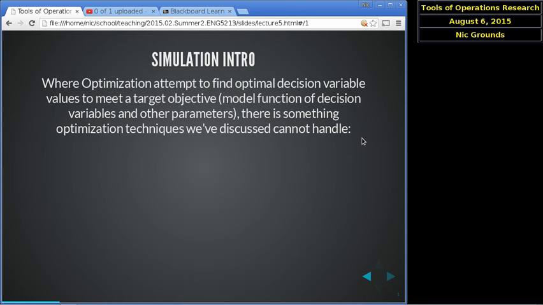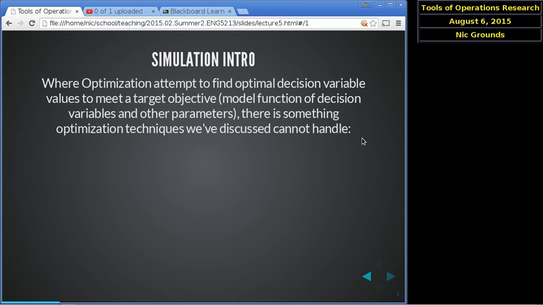Okay. Now, specifically, talking about optimization, the objective is to find optimal decision variable values. So we have some decisions we need to make. We get to decide what value, whether to do something or not, or how much to do, or how much not to do, whatever the problem calls for. We're trying to define which values we can decide on that give us the best or optimal objective.